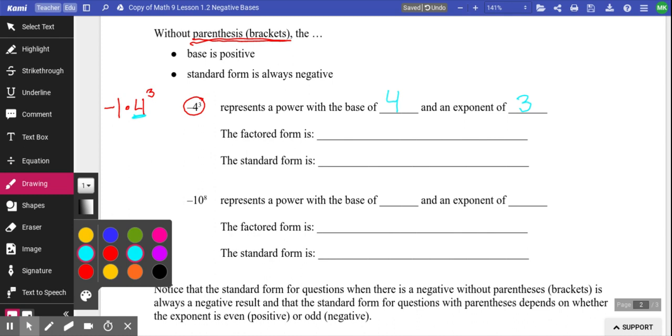This changes things dramatically. When you write things in factored form, this would not be -4 times -4 times -4. In factored form, this would be negative, and then 4 times 4 times 4.